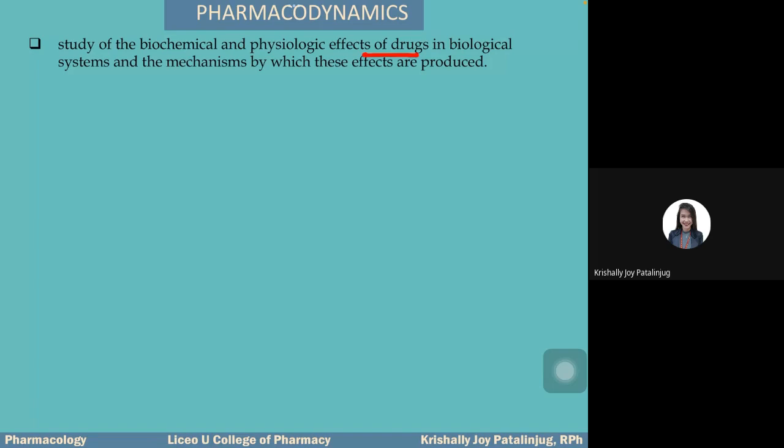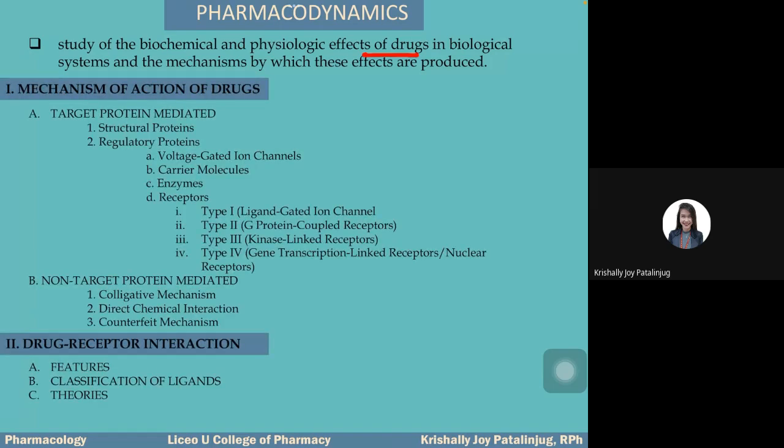Okay. Now, under pharmacodynamics, we will be reviewing the two general ways how the drugs produce their mechanism of action. So there are two general ways. We have drugs that are classified as protein targeting. We also have those drugs that are non-protein targeting.